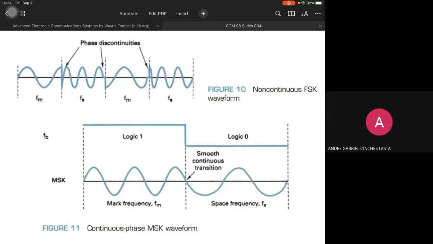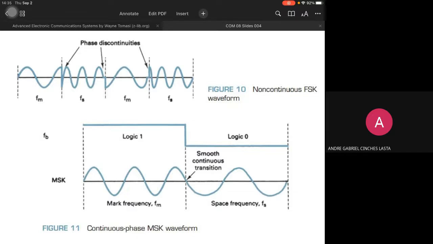Notice ilahang mga difference. Non-continuous because of the presence of discontinuities. Okay? So, compare siya sa continuous. Even if na-transition from mark to space or from logic 1 to logic 0, ang continuous is kung asa mag-end ang signal, sakto sinil, sumpay gyapon.